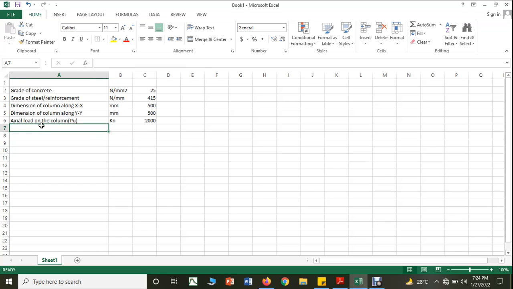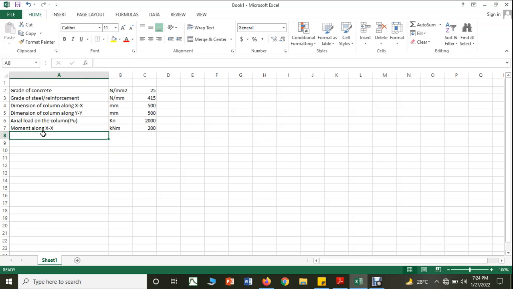Now the moment along the XX direction, which will be in kilonewton meter, let us give that value as 200.